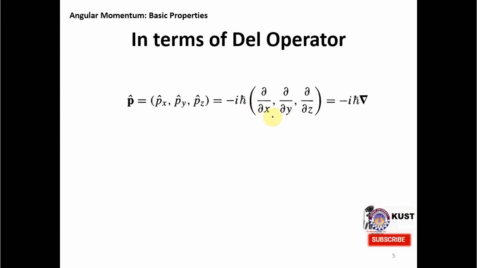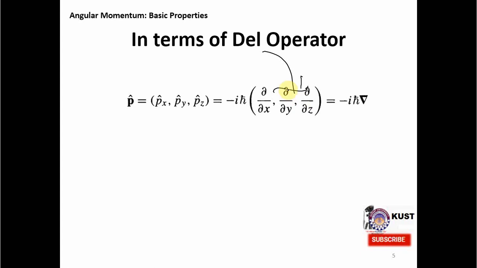You know how it comes out like this, because we have substituted the operator definitions of the linear momentum components, and then taking out the common minus i h bar, in the bracket is the definition of the del operator, this one.